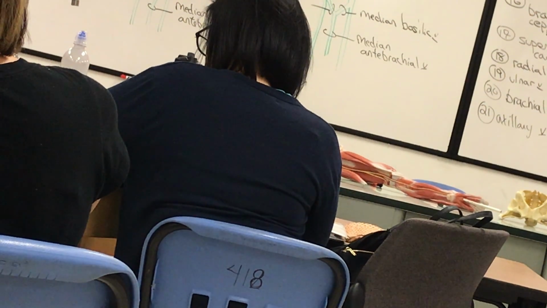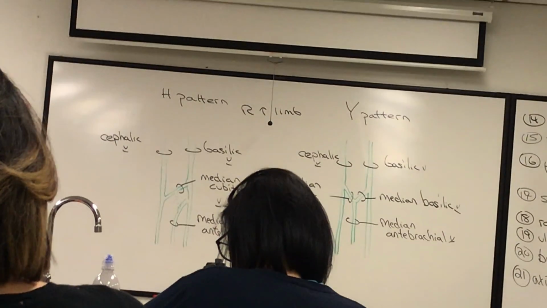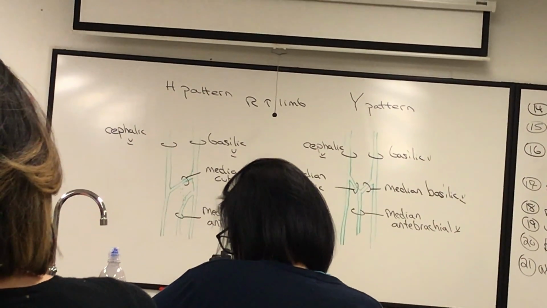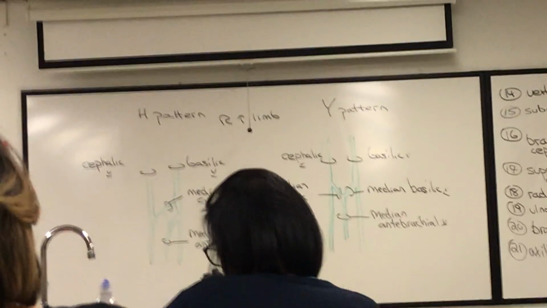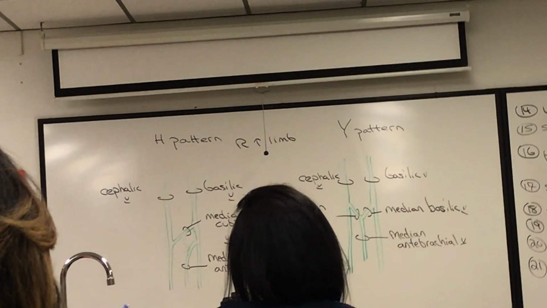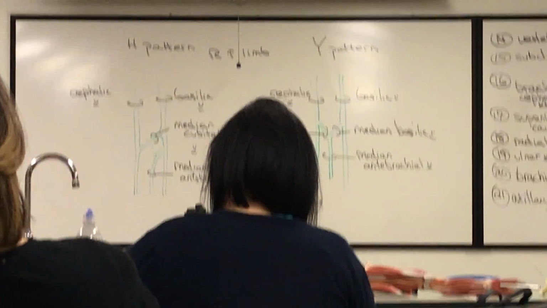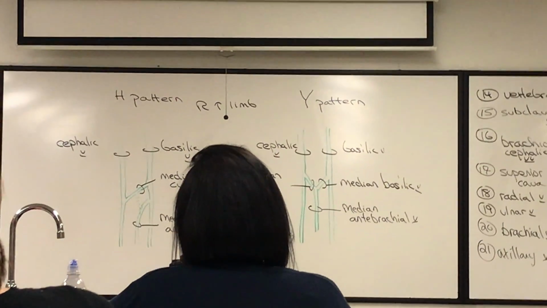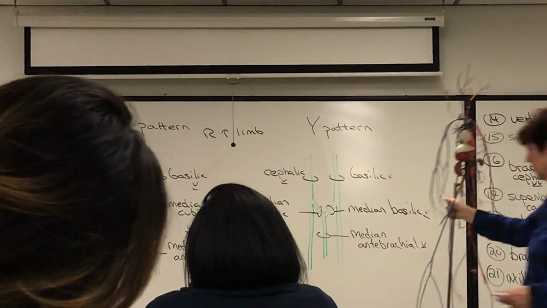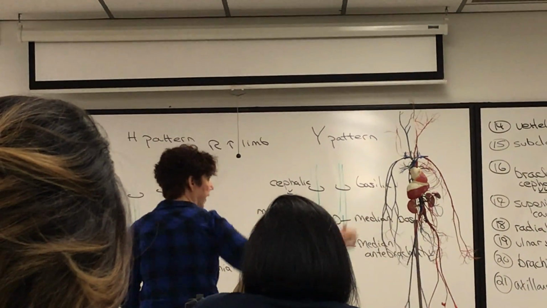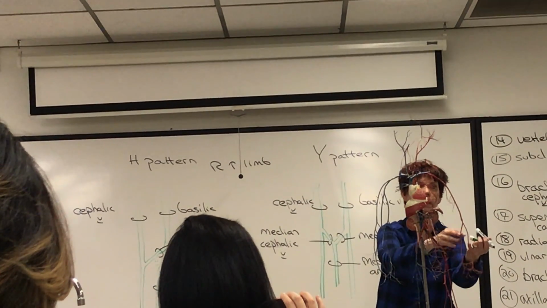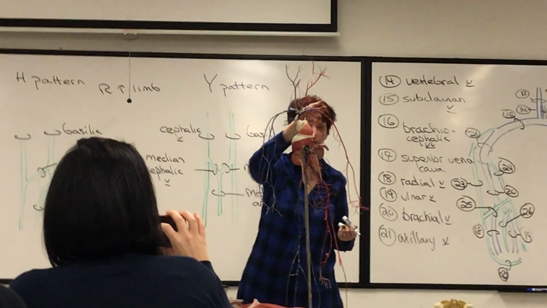So with the wire model, the flat green model tends to show the H pattern, but our wire model, actually, I like the old one better. They're all fused together in this newer one. So here are the veins. So we have the ulnar artery and radial artery and brachial and axillary and subclavian arteries.